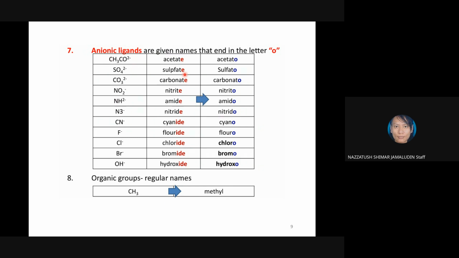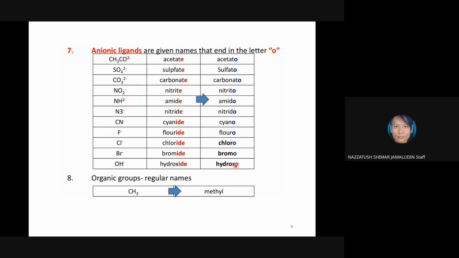But the coordinated version will now remove the e and become -ato. So acetate becomes acetato, sulfate becomes sulfato, carbonate becomes carbonato. Not carbonara, but carbonato.